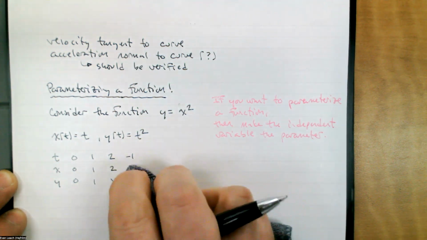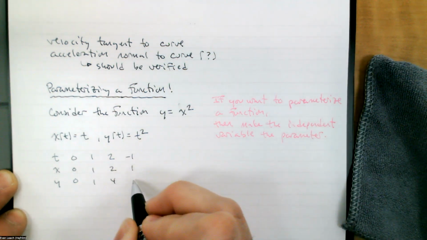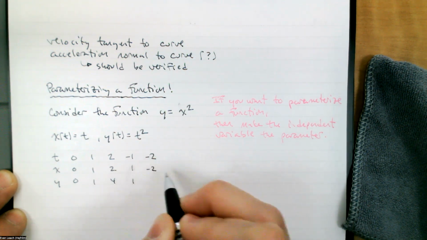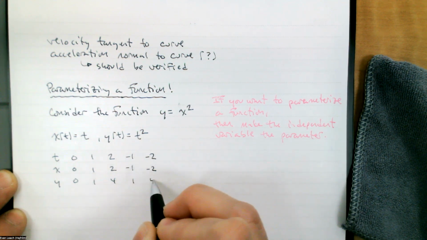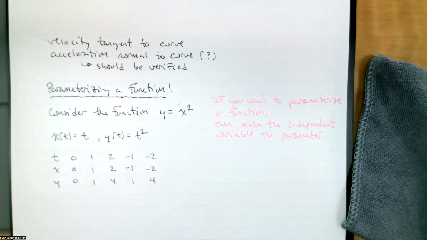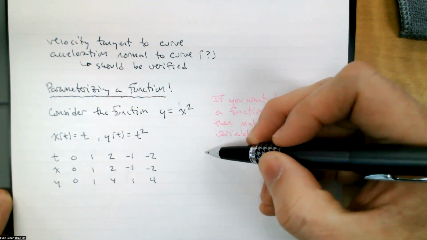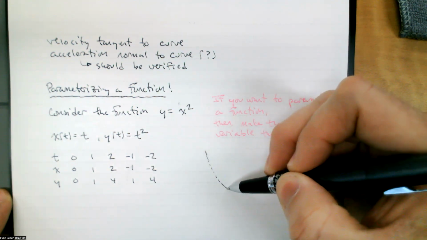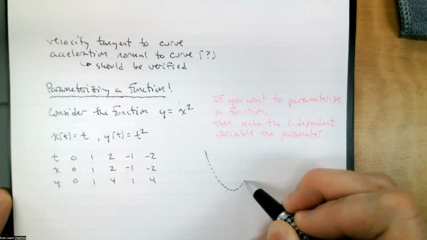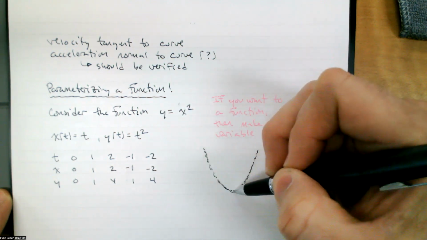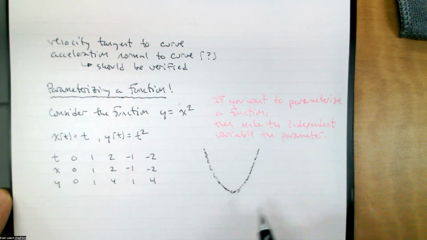The relationship between x and y still holds. And what we've done is just added direction to our parabola. We're still getting the same points x and y, but now there's some direction to our parabola.